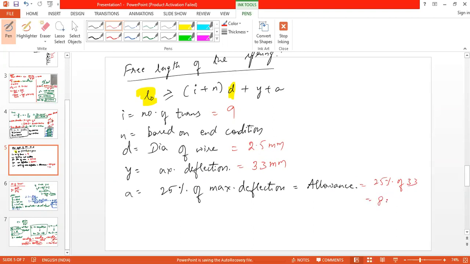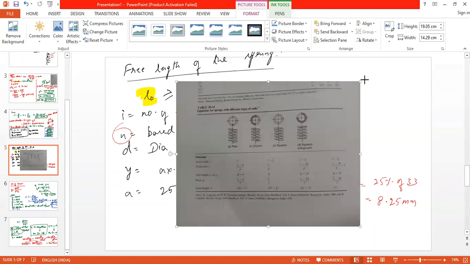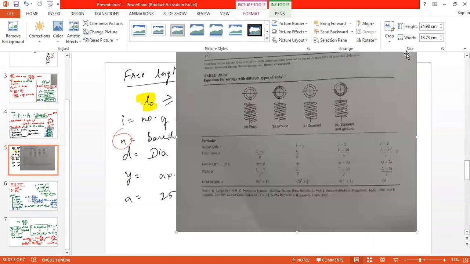It is 8.25 mm. So now the only thing which we don't know is n. So how to get the value of n?